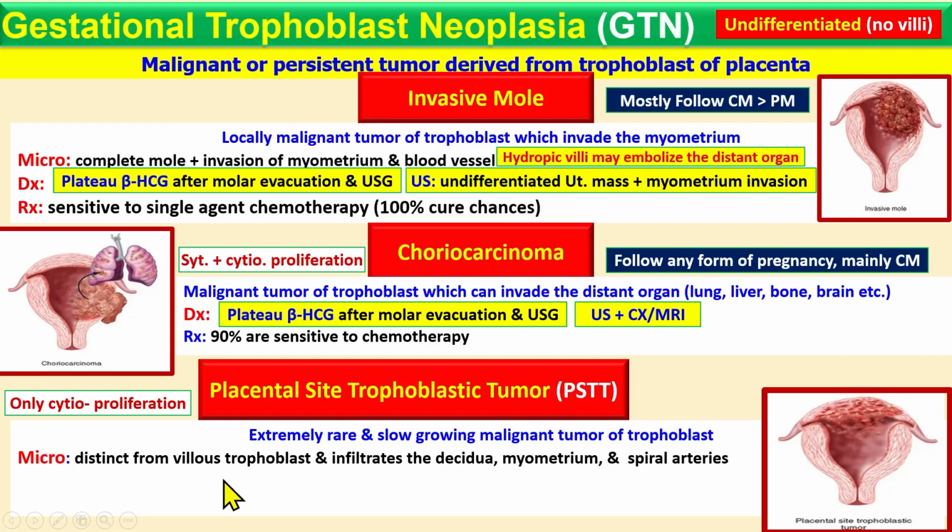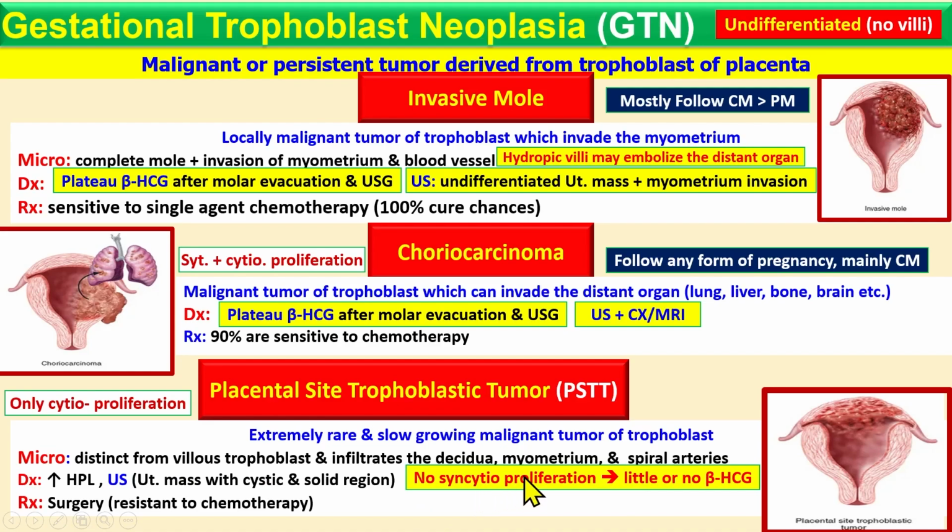In the macro picture, distinct from villous trophoblast, you see cells infiltrate and invade the decidua, myometrium, and spiral arteries. But what is the diagnostic, because there is no high beta HCG, little or no beta HCG, as there is no syncytiotrophoblast proliferation?